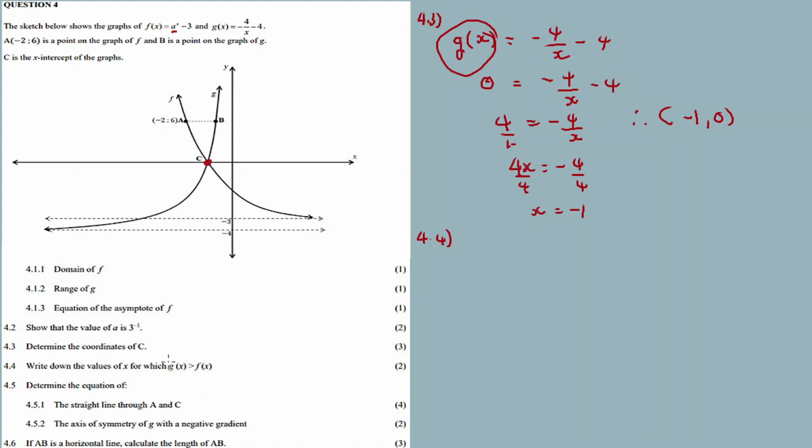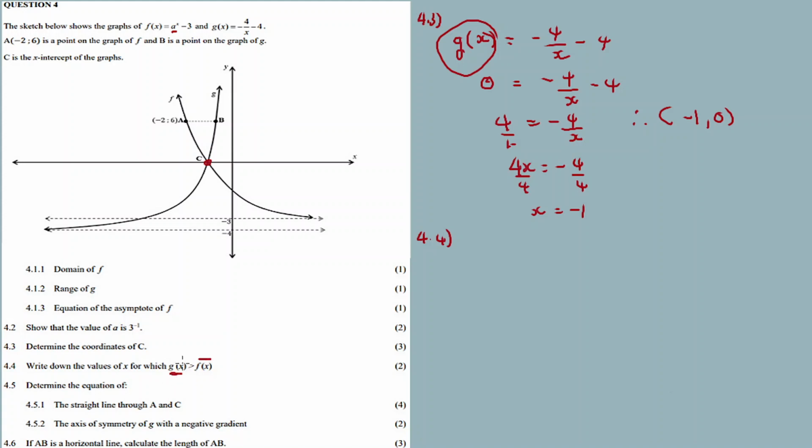Question 4.4. All right, this type of question again: write down the values of x for which g of x is greater than f of x. So in such a case you want the part of the graph where g of x is bigger than f of x.